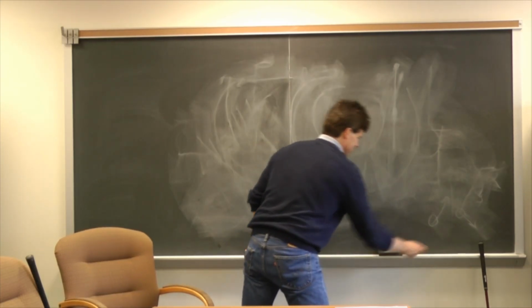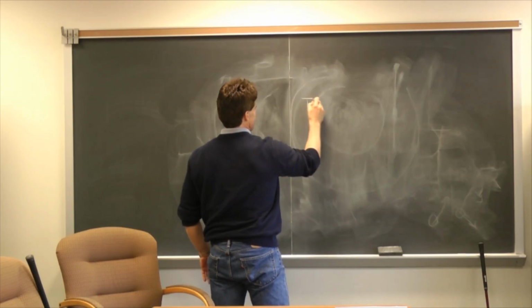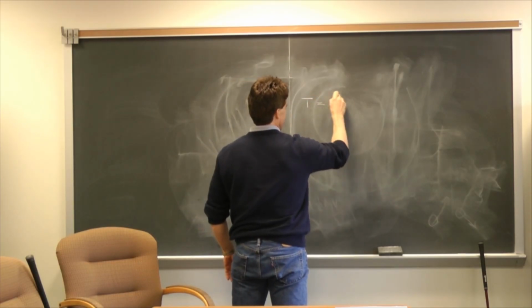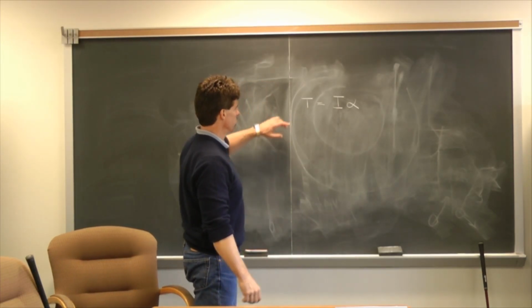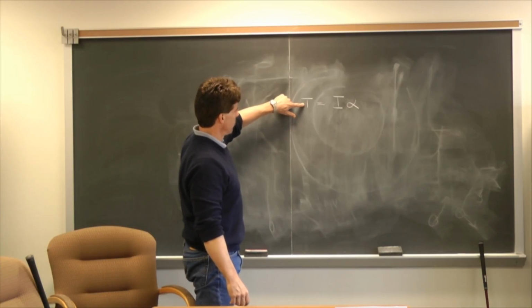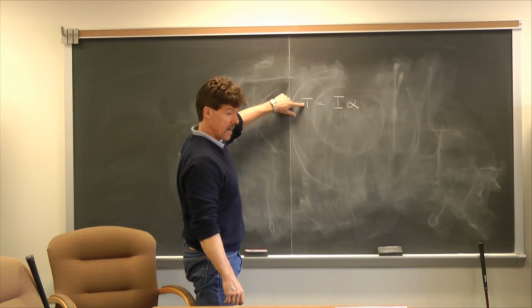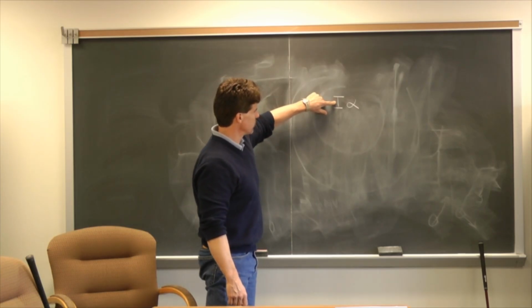Let me put Newton's second law there again. So we have the torques equals I alpha. All right, so this is the angular version of Newton's second law. So these are the torques that the golfer applies to the club at the handle. And this is the inertia.